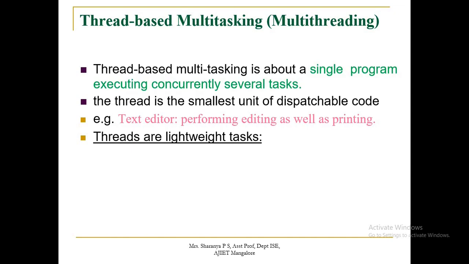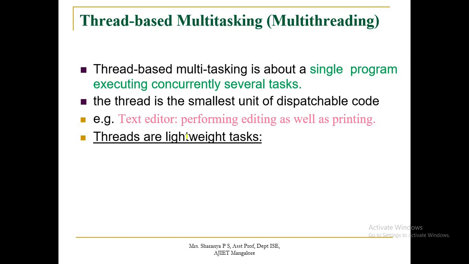First point: a small unit in the process, or a small part of this entire process, we call a thread. Take an example: suppose I am working in a Word document where I keep editing some contents, and parallelly I am printing the document.